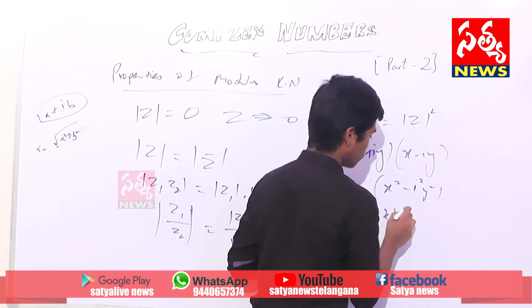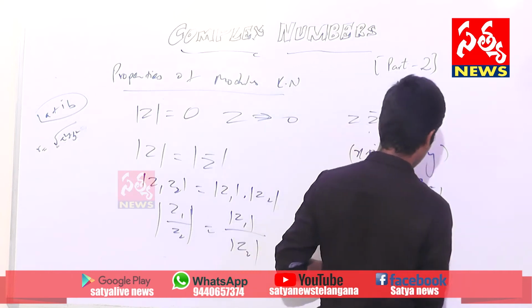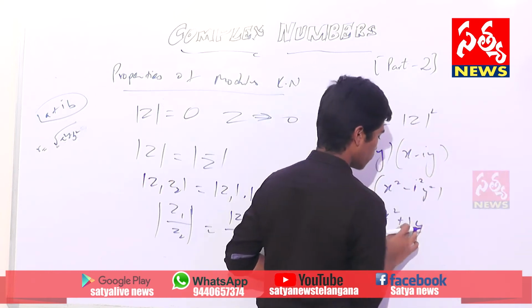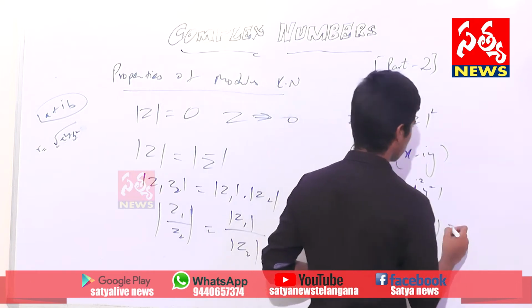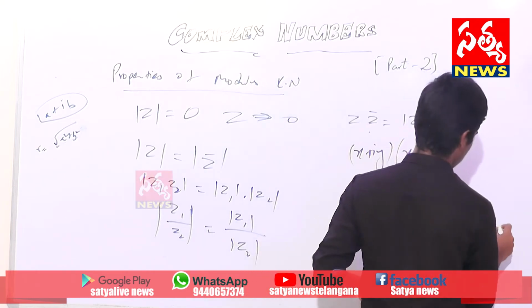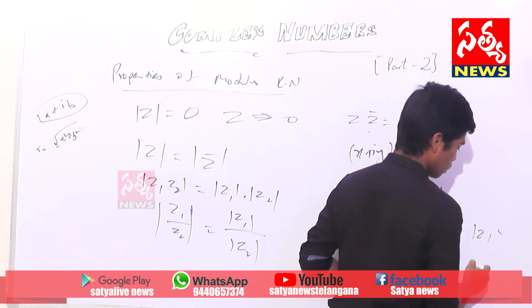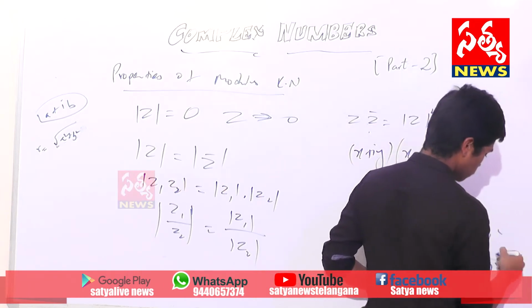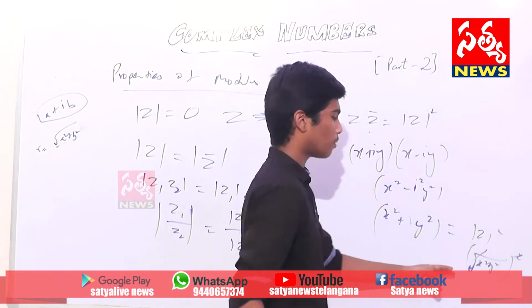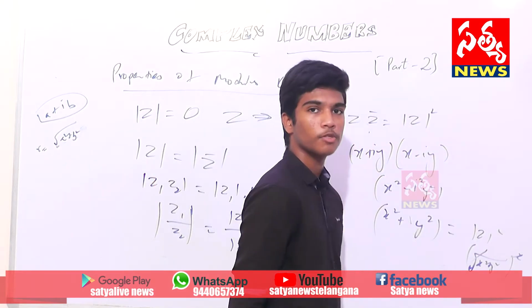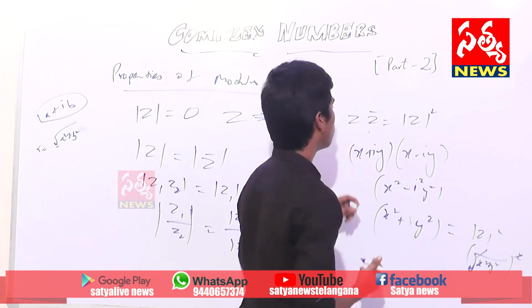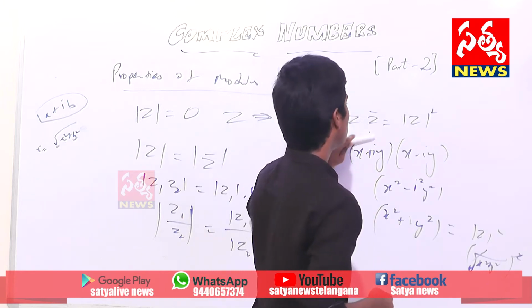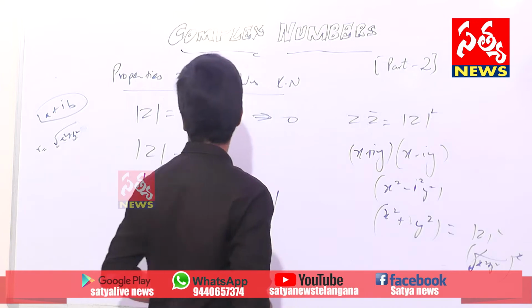As i square is minus 1, minus into minus is plus, so x square plus y square is equal to mod z square. Mod z is the square root of x square plus y square, and the whole square. The square root gets cancelled. X square plus y square is equal to x square plus y square. Hence, in this way, this property is derived.